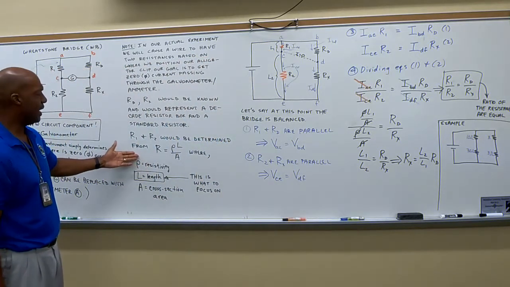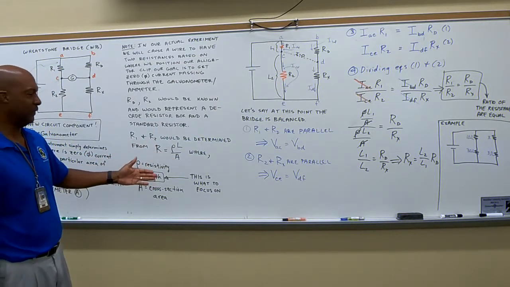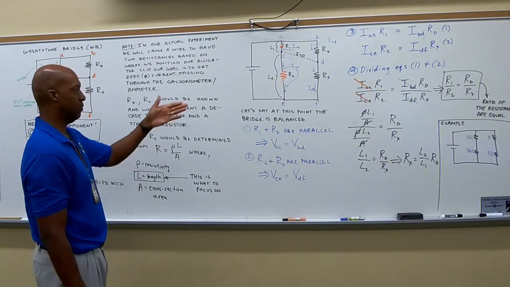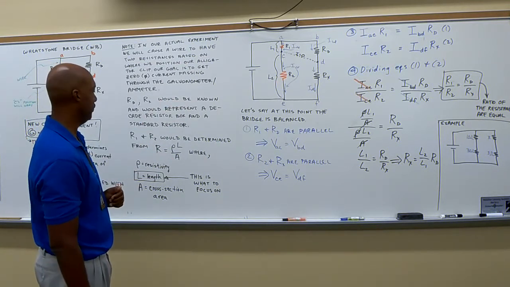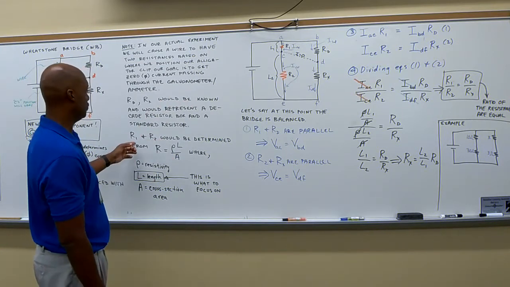And that's done by this formula here. We're not going to get too deep into this formula other than showing by proof of a couple of equations how we got to our final answer.